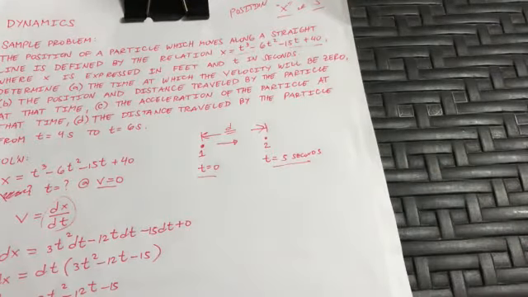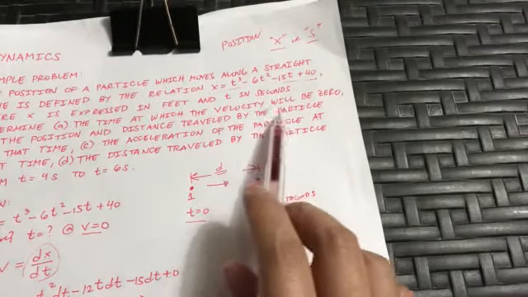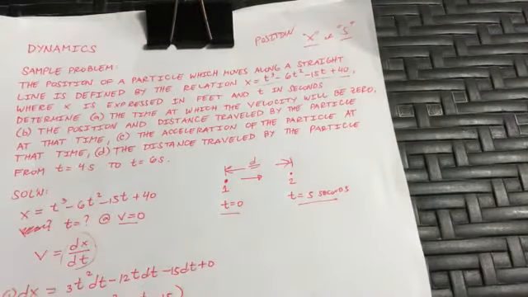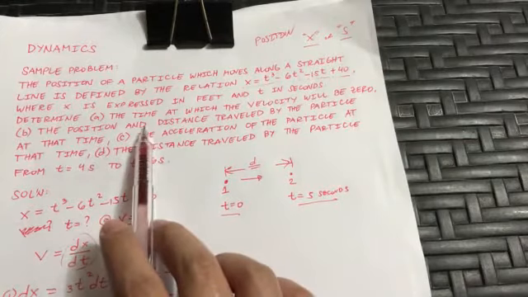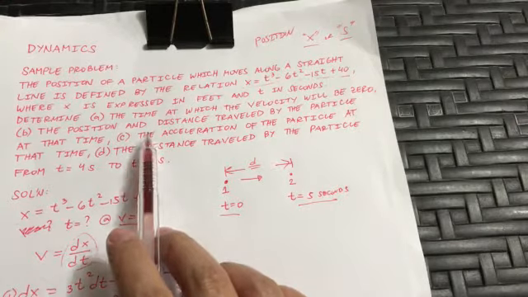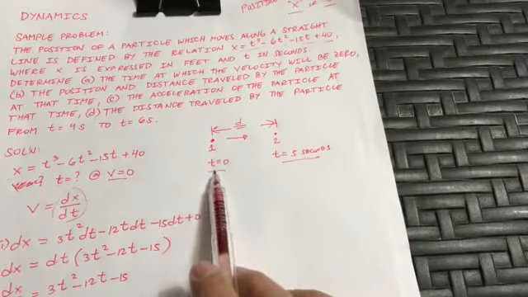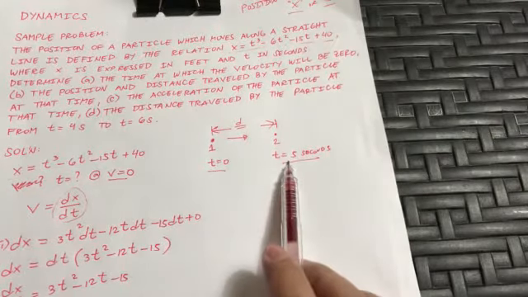Okay. So the question is, the distance traveled by the particle at that time. Now notice it did not make mention of the reference time. So we can safely assume that it means what is the distance traveled starting from time 0 up to the time 5 seconds.